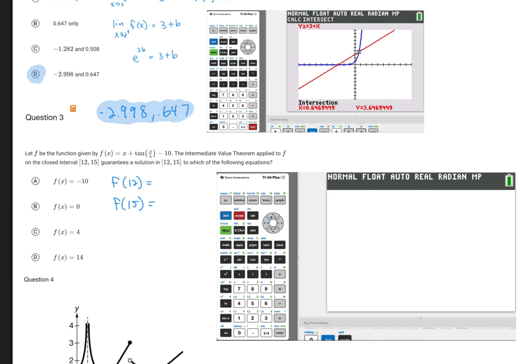Okay, and then the next thing is if you hit alpha, the green button, and then F4, it'll bring up all the options of all those different y1s, y2s, y3s.